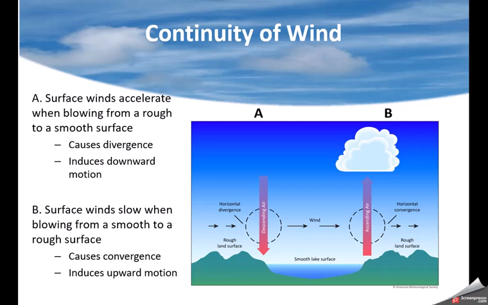So I have convergence right there from one. But the water is relatively smooth, so there's not a lot of friction. So the air is moving along pretty quickly over the water. Now it's hitting land, and whoa, it's going to slow down because there's a lot more friction. That increases the convergence right along the coast, helping to cause the air to lift more. That's why we get the showers and thunderstorms along these fronts.